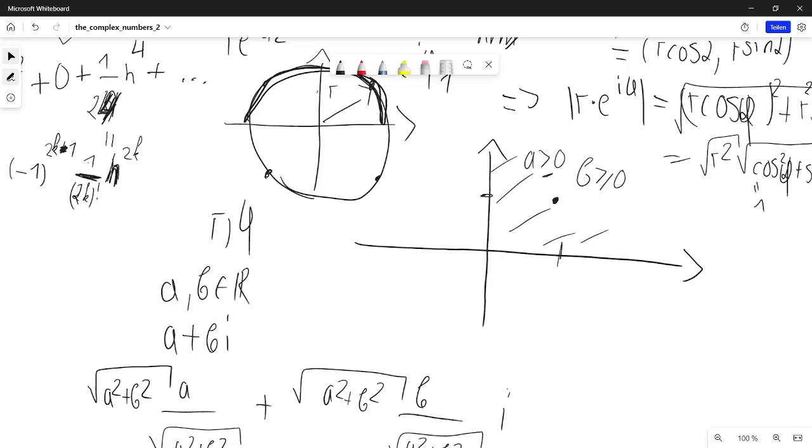Now here of course A is smaller or equal 0 and B is positive. Here that is negative. So here both negative. And here this is negative and this is positive.